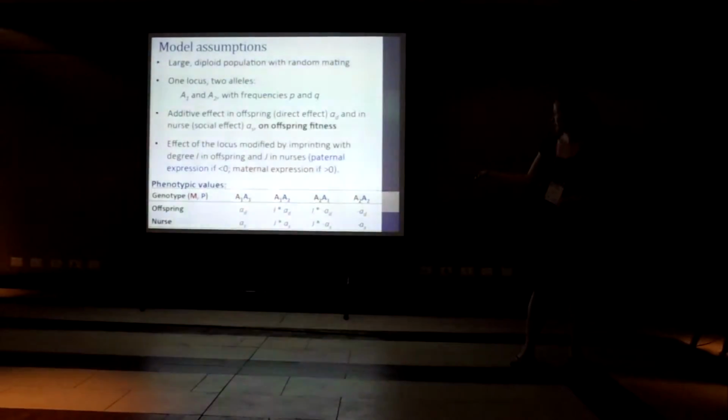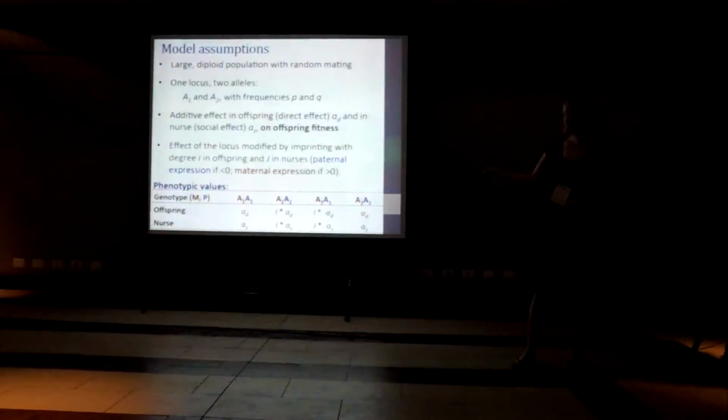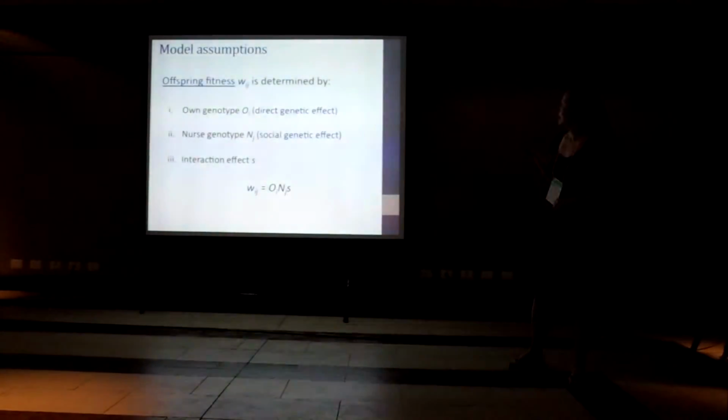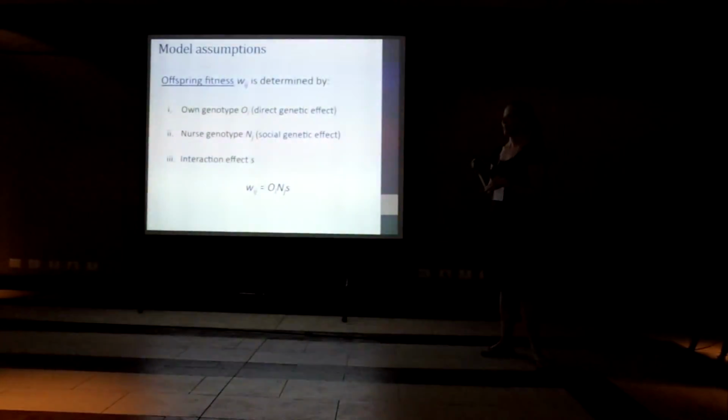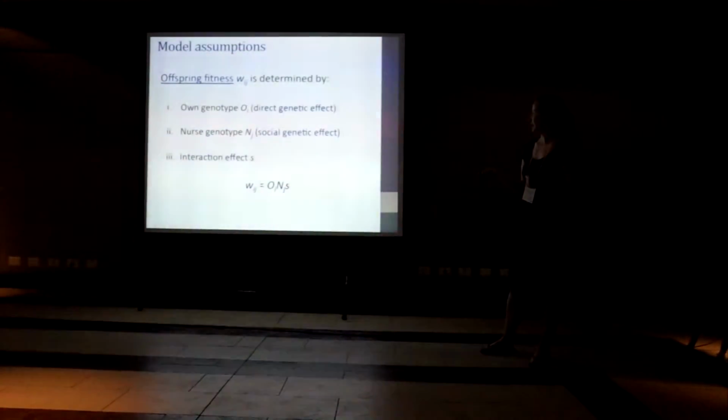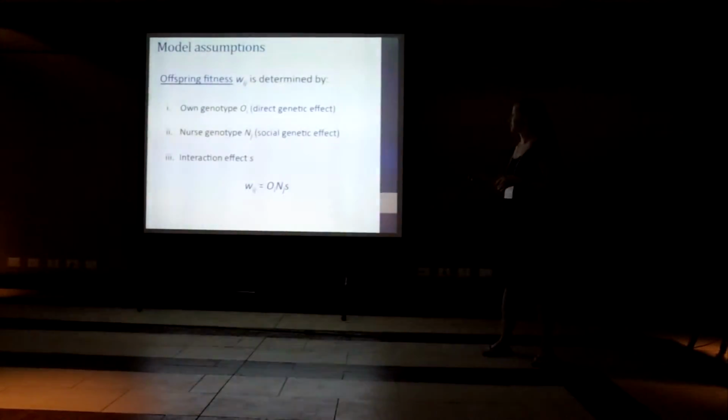Sorry, I should say that the maternal allele is the first one mentioned and the paternal allele the second one. Okay, so we're assuming, as I said, that offspring fitness is determined by the offspring's own genotype, by the genotype of nurses with which it's interacting in a communal nest, and by an interaction effect S, which is essentially just the strength of selection on this interaction.